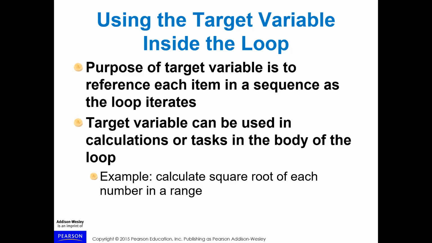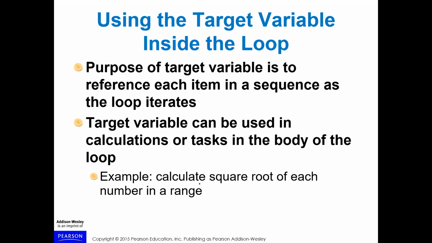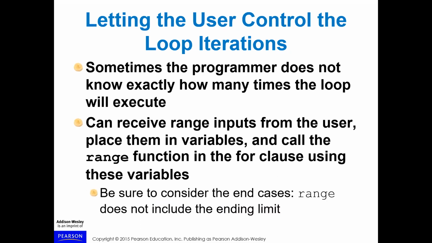All right, so we have here an example: calculate the square root of each number in a range. Now, letting the user control loop iteration. Sometimes the programmer does not know exactly how many times the loop will execute.